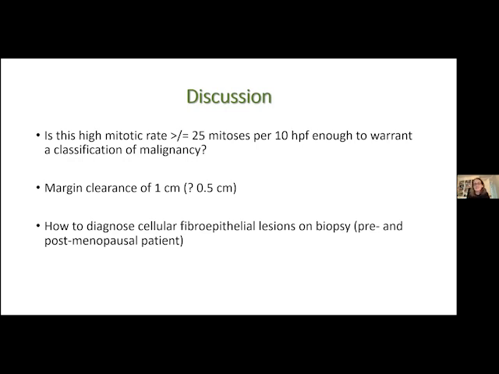Even though, in the paper, that feature was sufficient to assign it to the malignant category, I'm not sure we have data on those lesions where the mitotic count is the outlier. But Azbieta, you can correct me if I'm wrong there. So I don't know what the metastatic potential of these rare lesions is.